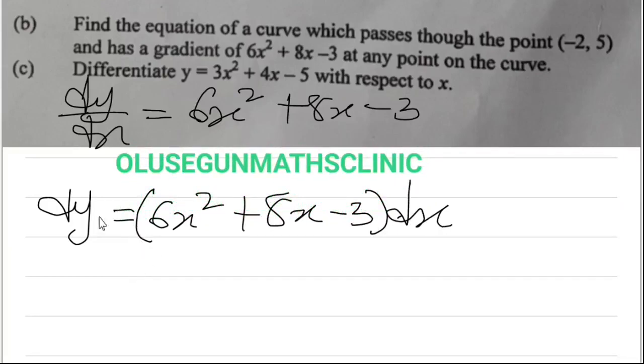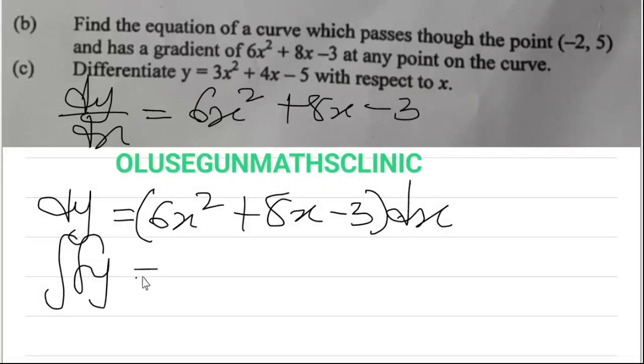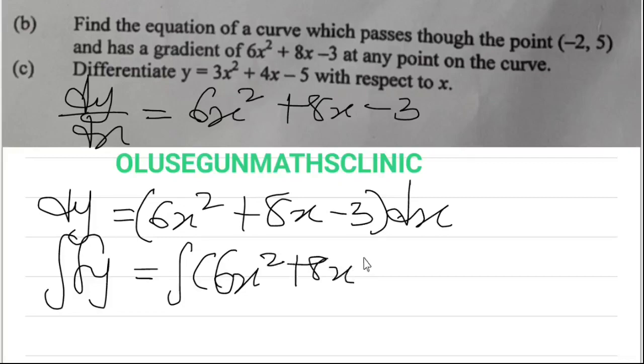Therefore, you integrate both sides. By integrating both sides, we have the integral of 6x squared plus 8x minus 3 dx.